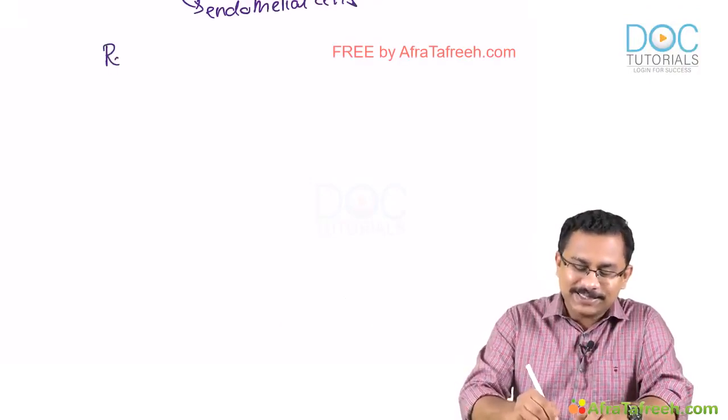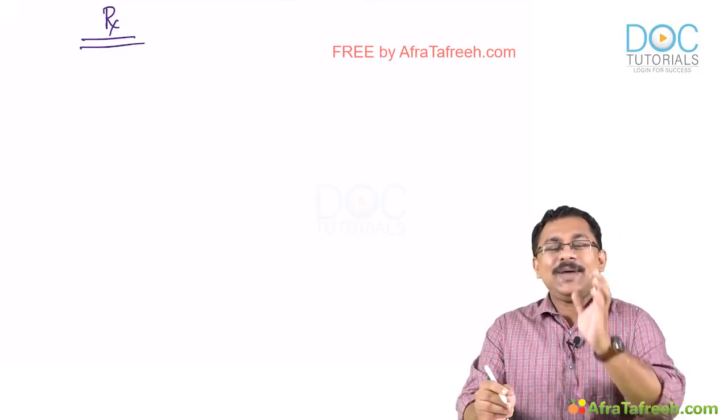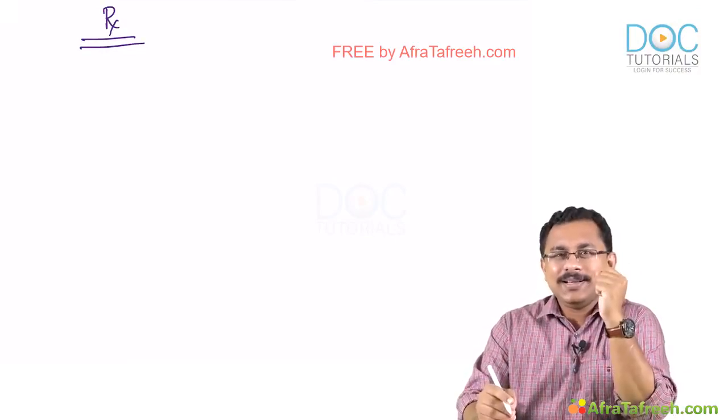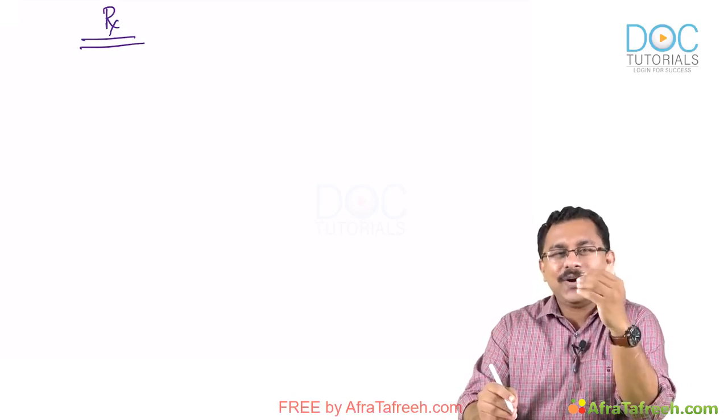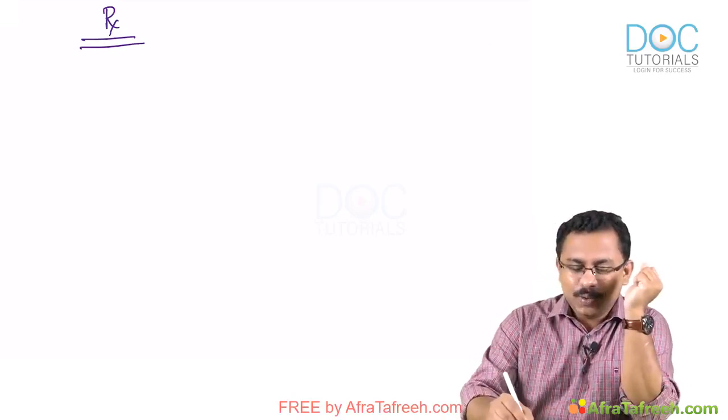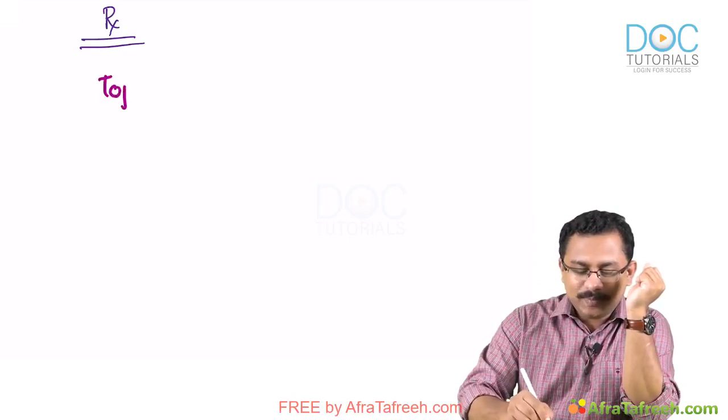Now how will you treat Behçet's disease? Treatment of Behçet's disease depends on the manifestations. Okay, so if you have predominantly mucocutaneous manifestations, that is oral ulcers, genital ulcers, you can go for topical steroids.